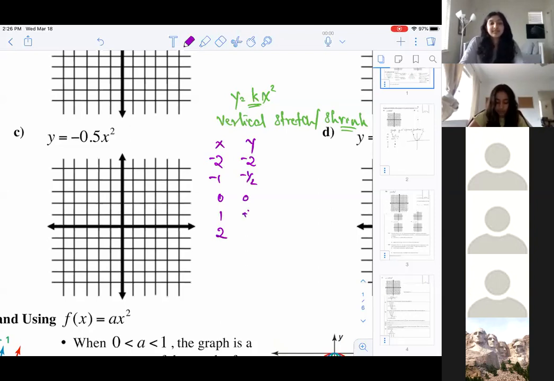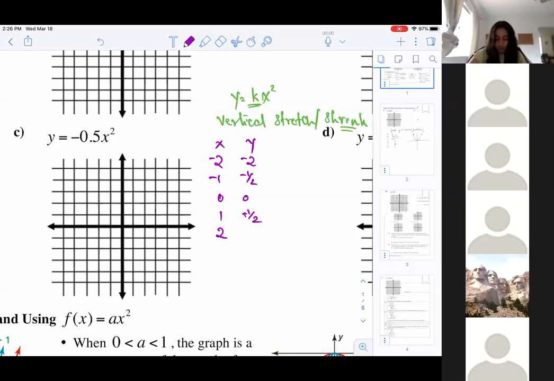Negative half again? Yeah. Negative 2. Correct. It's repeating, right? Let's plot the points. -2 is actually -2 this time. And -1 is actually -1/2, 0 here and here.